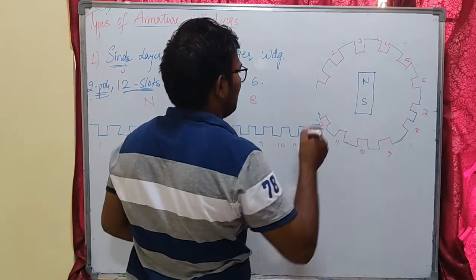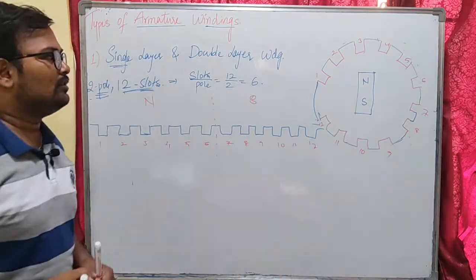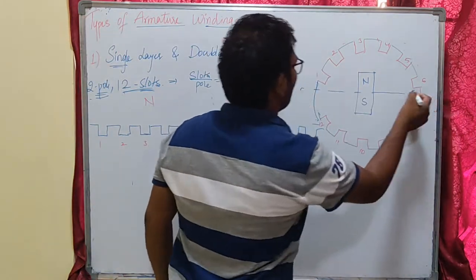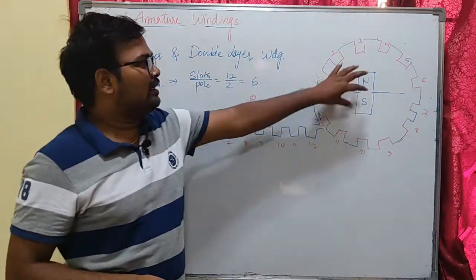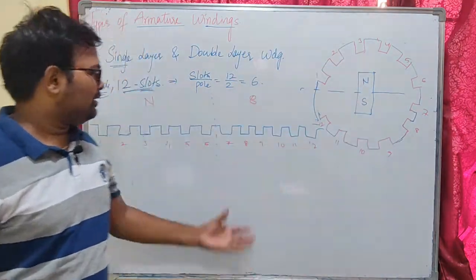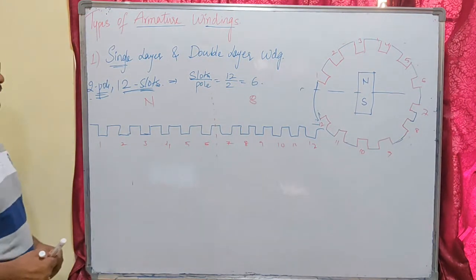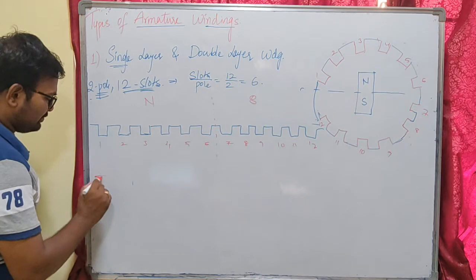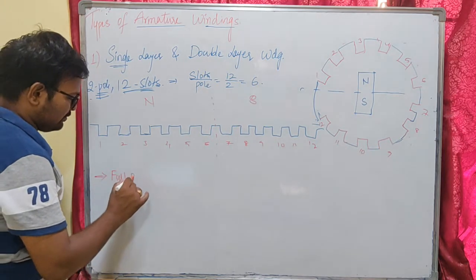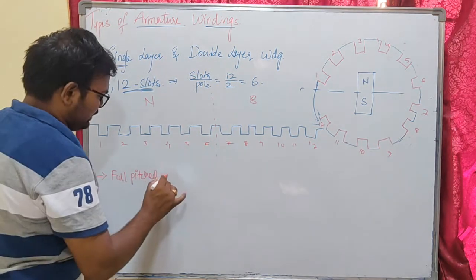This is my 12 slot winding. The upper part of the armature will be under the vicinity of the north pole and the lower part under the south pole. So this is the idea. Now, how you are going to keep the coils, let me consider it as a full pitch winding. You already know what a full pitch winding is, I think.